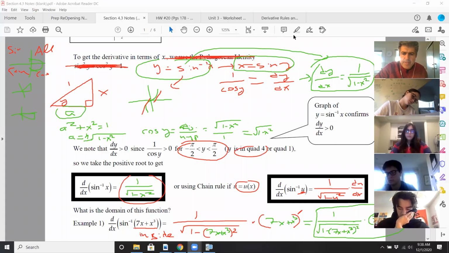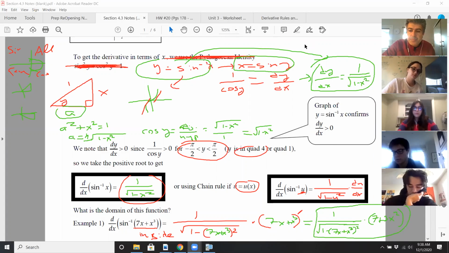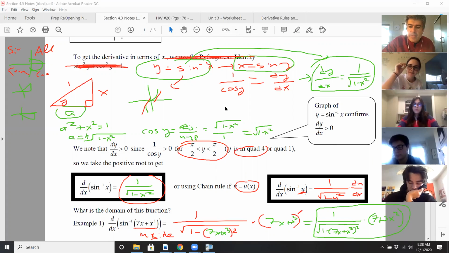Let me undo my erasings. So any questions about example 1? No? Okay. So now that, go ahead. Yeah. This might be a stupid question, but in the graph of inverse sine, it was kind of like an S curve, and then it was like a U. Why did the left-hand side flip up? I don't know. Not sure.